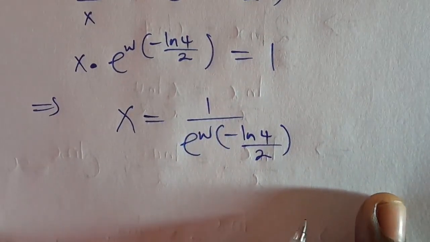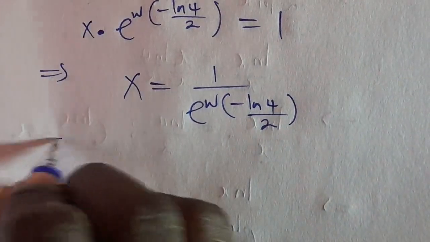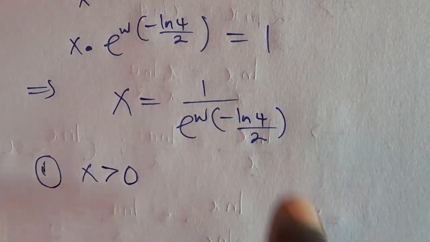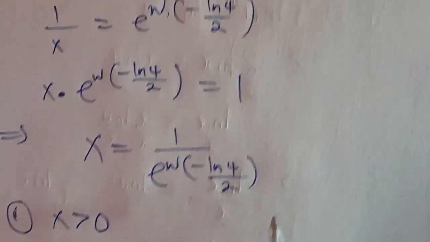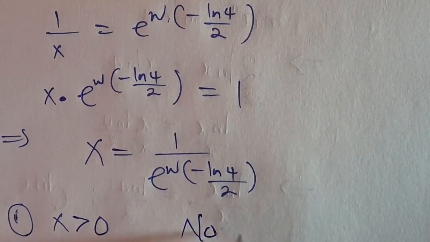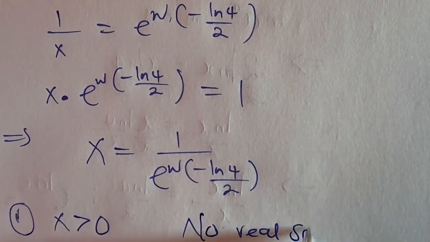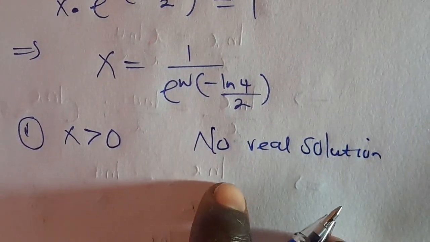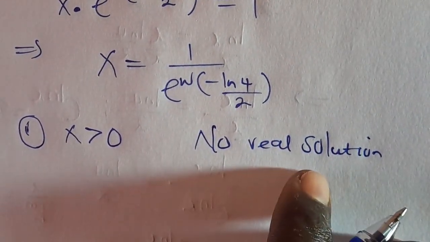Now from here, we have case 1. When x is greater than 0, we have no real solution. That is, when we are looking for the value of x to be positive, there is no real solution for that.